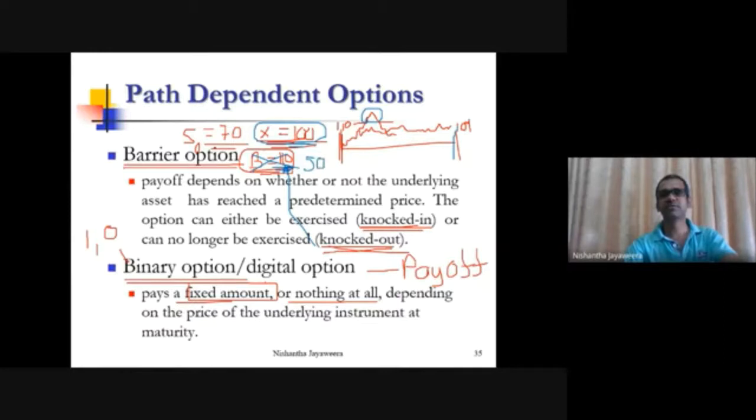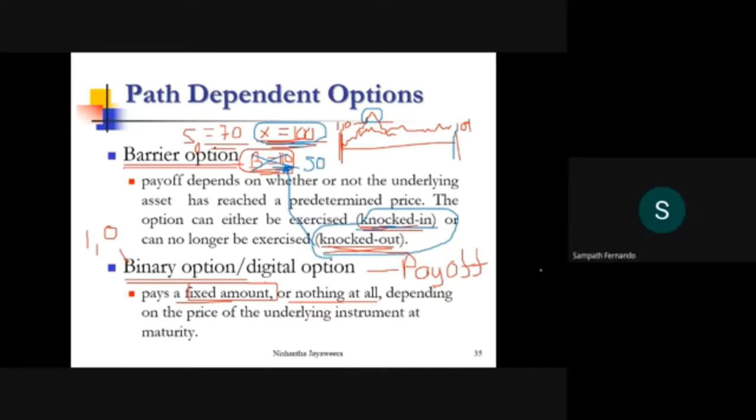Unless it goes down to 50 and touches it, you are in a knocked-in option. Your option does not become effective. That depends on the rule. What are the knocked-in or knockout conditions imposed in your contract? Is it clear?